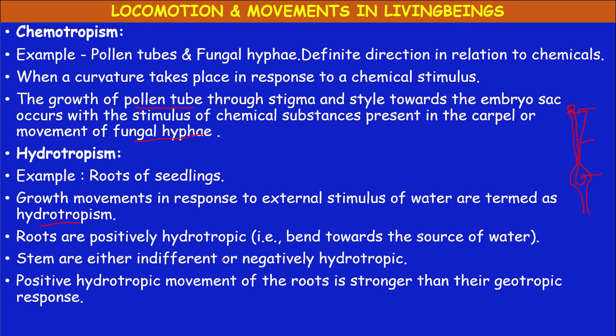The geotropic response means movement of the roots towards the gravitational force of the earth. So compared to the hydrotropic movement, the geotropic movement is somewhat poor; the positive hydrotropic movement of the roots is stronger than the positive geotropic movement.